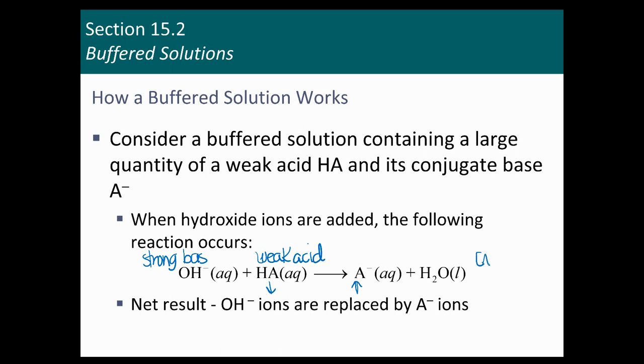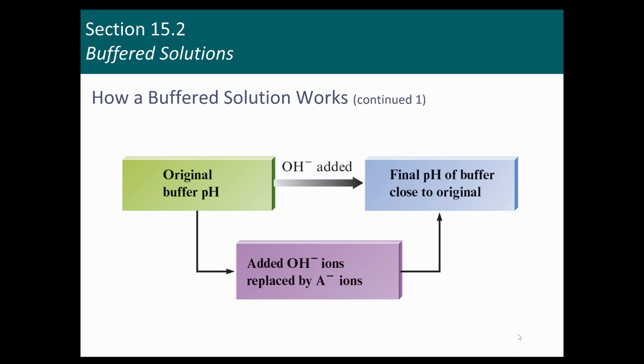So A minus over HA is greater than 1, and we see a slight increase in the pH from pKa. Okay, that's the one we did. So we did that calculation.